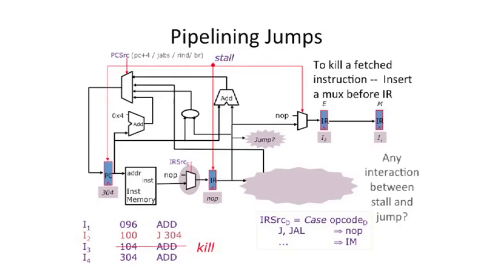So an important question pops up here on the screen. What happens if we have a stall and a jump in the decode stage at the same time? Are there interactions here that we should be worrying about? That's a tricky one. Well, the first question is, what are reasons that a jump would actually stall in the decode stage?